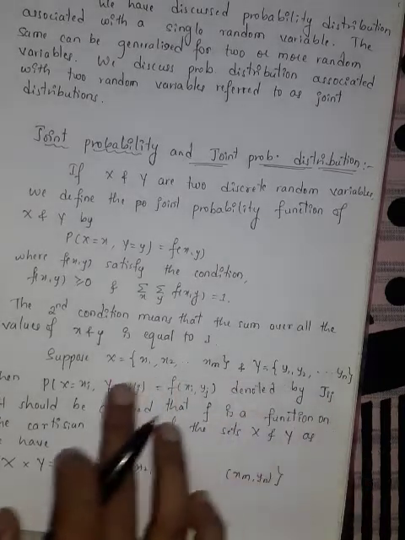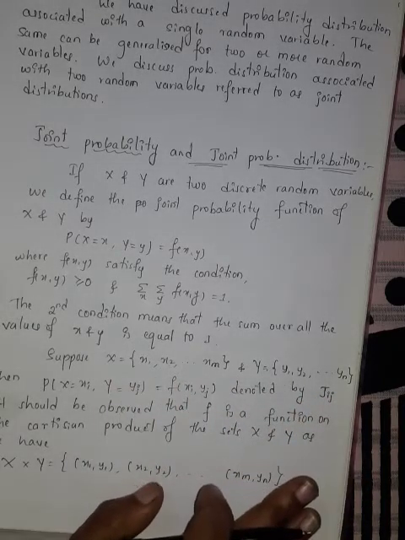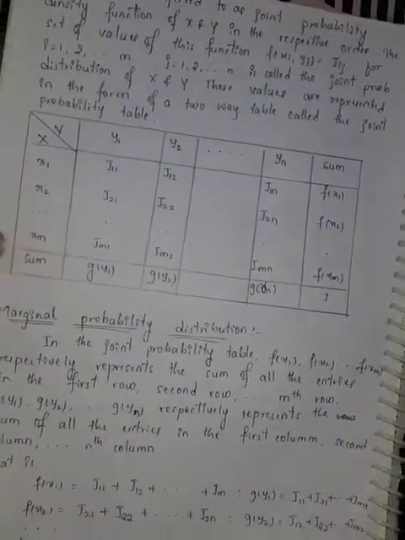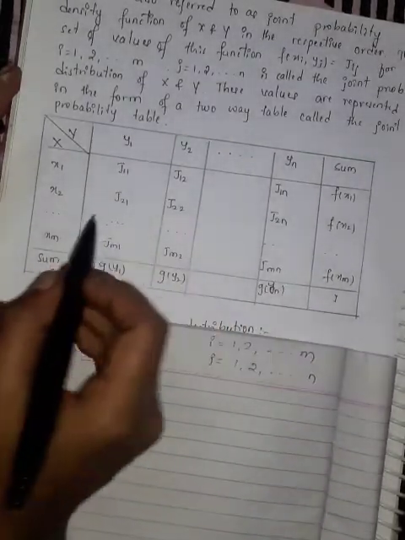All these values are called the joint probability distribution, and they are represented in the form of a two-way table. That table is called the joint probability table. So let us see the joint probability table here.